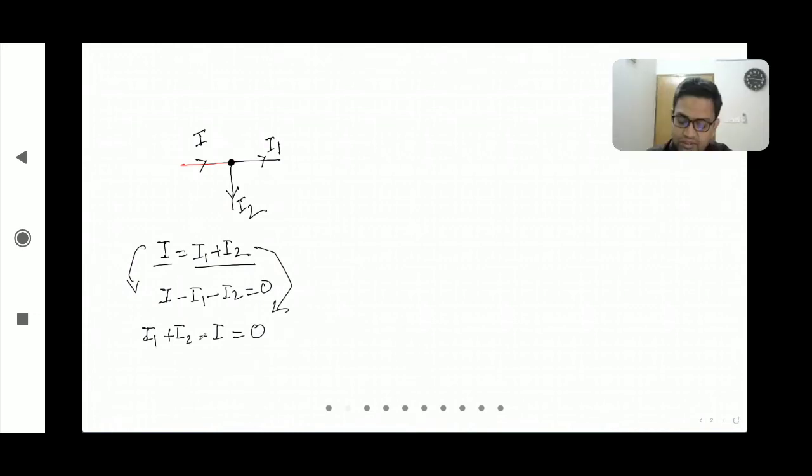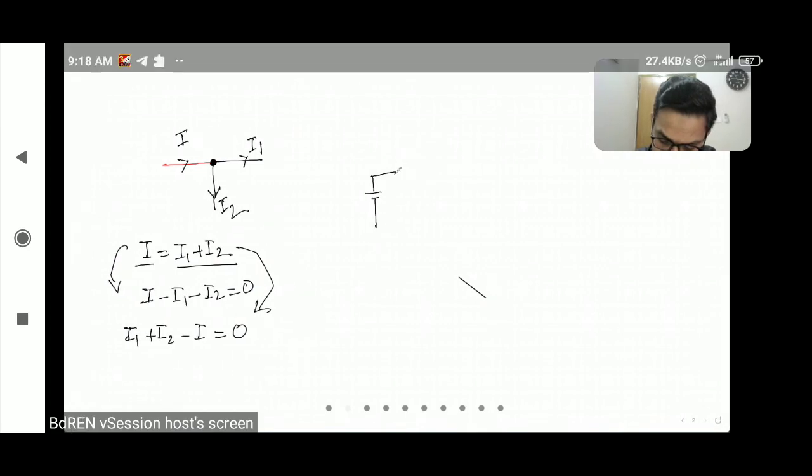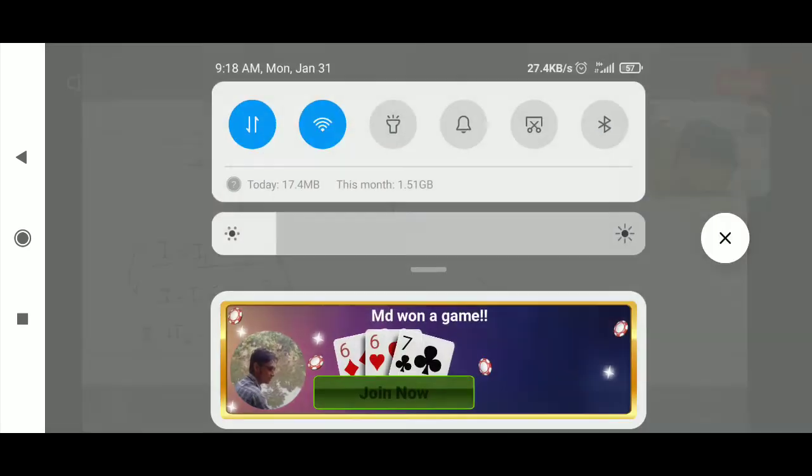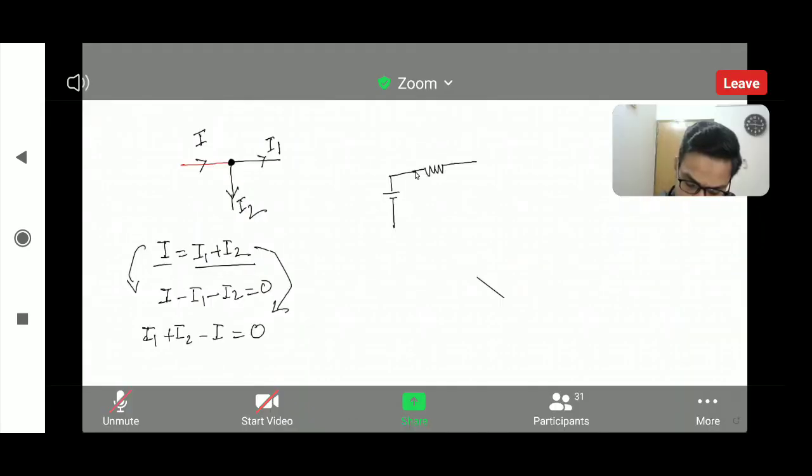If you think about Kirchhoff's voltage law in any closed loop, this is a closed loop.